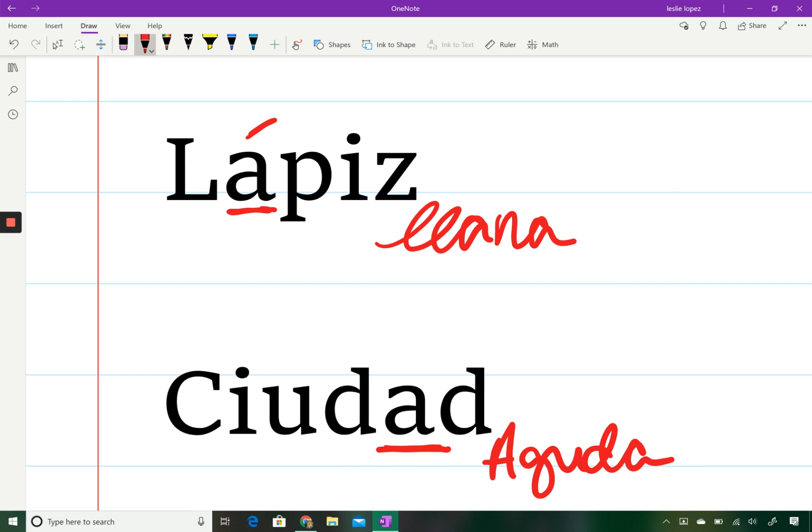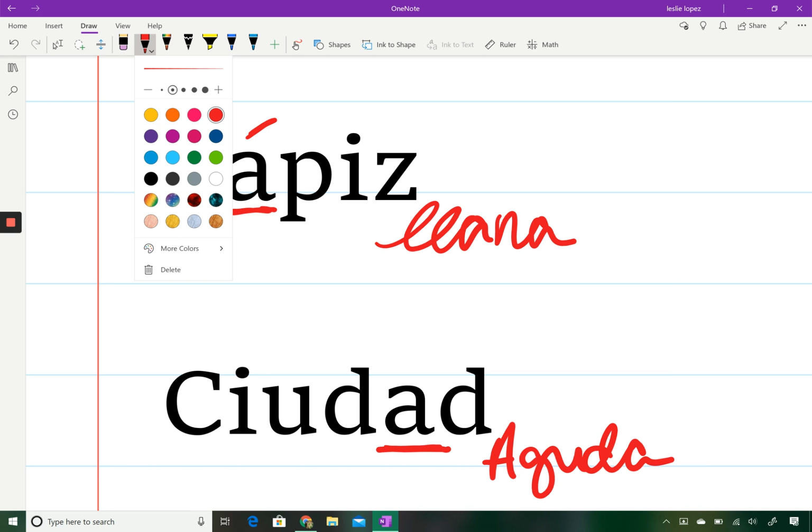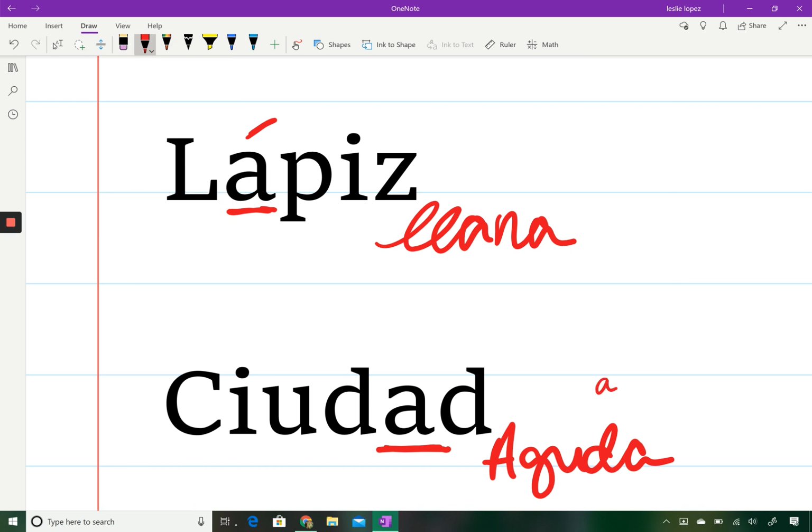Now, we're back to your rules. Las palabras agudas only have an accent mark or tilde when they end in vowels, so A, E, I, O or U, or N or S. Since the word ends in D, it does not have an accent mark.